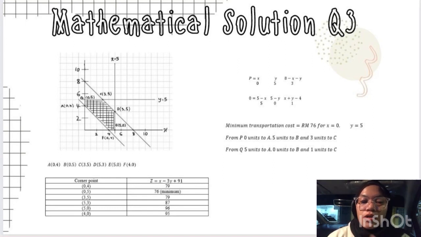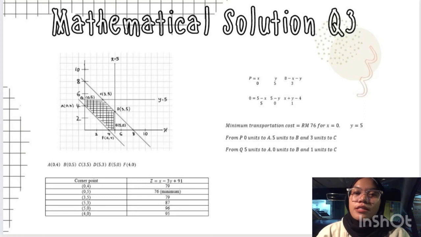We insert all the x and y values, and we get the total costs: 79 ringgit, 76 ringgit, 79 ringgit, 87 ringgit, 96 ringgit and 95 ringgit. As we can see in the table, the minimum cost is 76 ringgit at corner point B, so the minimum transportation cost is 76 ringgit for x equals 0 and y equals 5.